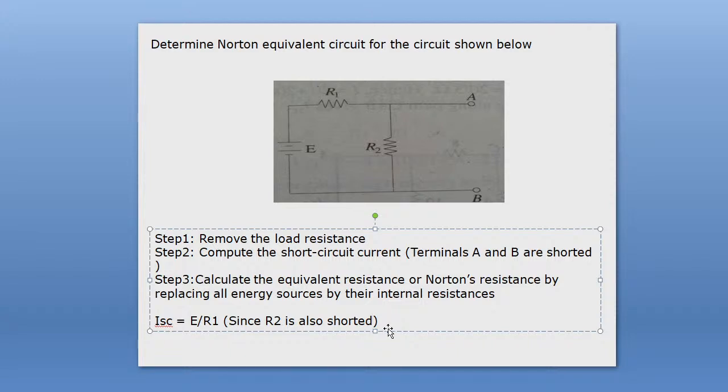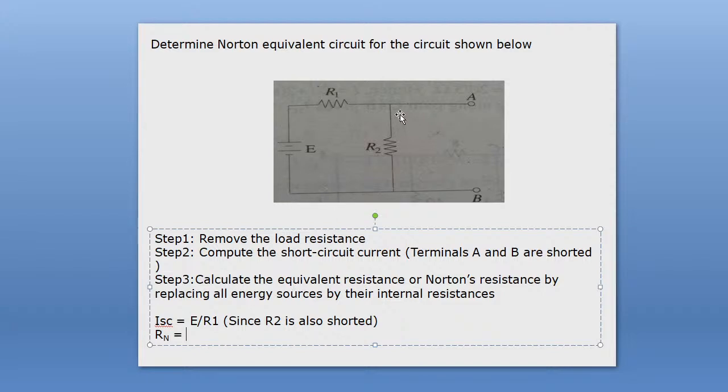Now you tell me what will be the Norton resistance for this circuit, okay. Rn, you can write Rn equal to, you replace all sources by their internal resistance, you replace this voltage source by its internal resistance, that means 0.